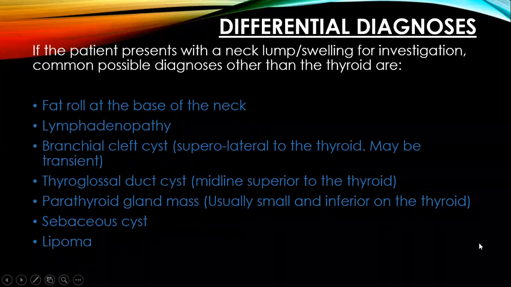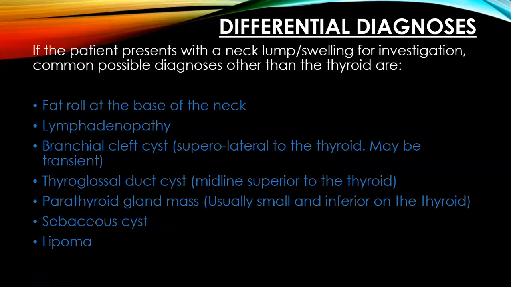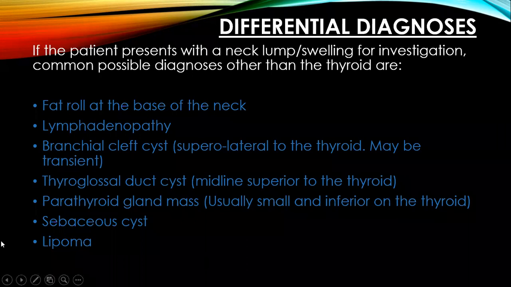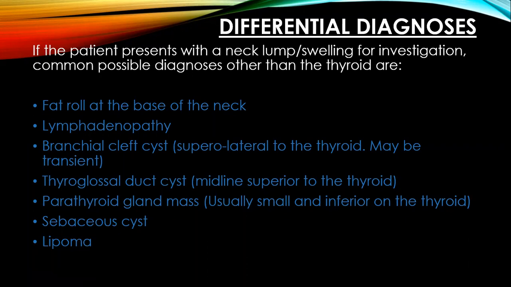So we've got different diagnoses in patients who present with neck lump besides the thyroid nodules. So we can get a lump at the base of the neck. It can be due to lymphadenopathy, branchial cleft cyst, thyroglossal duct cyst, parathyroid gland mass, a sebaceous cyst, and it can be due to a lipoma.